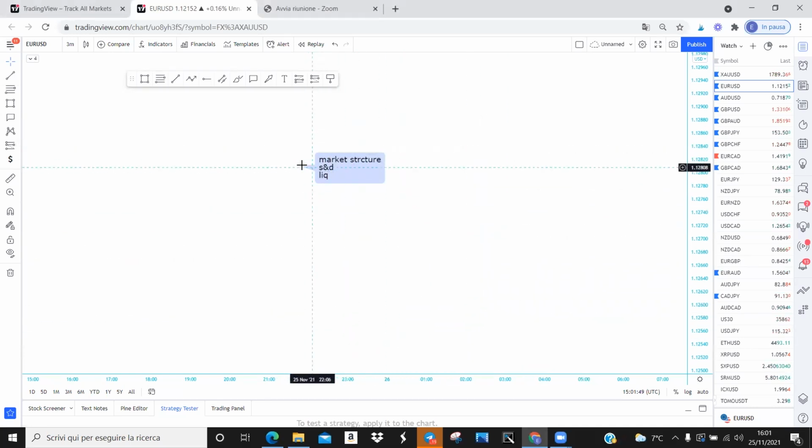So the Asian range is not useful if you don't do these things. These are way more important, okay? Now, after you've done this, the Asian range can help you increase your accuracy, increase the accuracy of your entries, refine your entries, understand better the market, and so on.